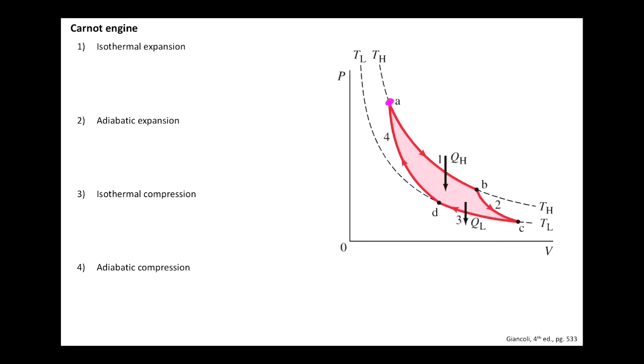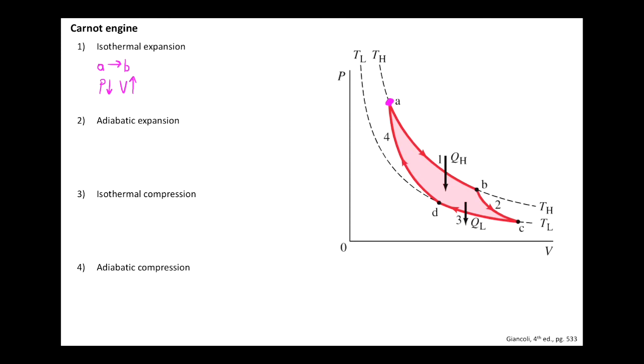So the Carnot engine starts with an isothermal expansion. In the diagram here, that is going from point A to point B along that first top curve. You can see that as that happens, the pressure is going to go down as the volume goes up, which makes sense. It's an expansion.